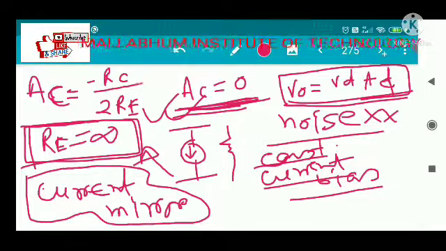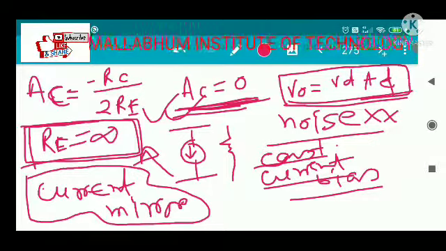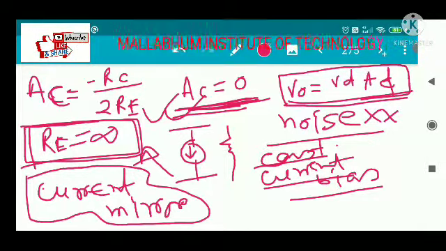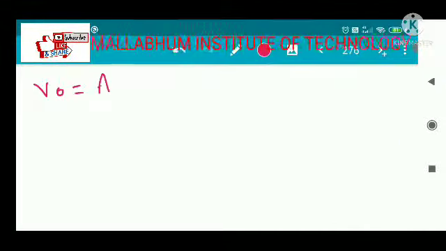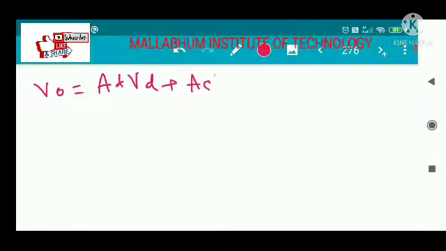So next our main aim is to calculate the CMRR. So for that purpose, again I am just writing the equation: V0 equal to AD into VD plus AC into VC.